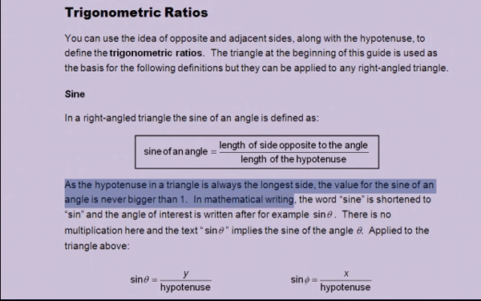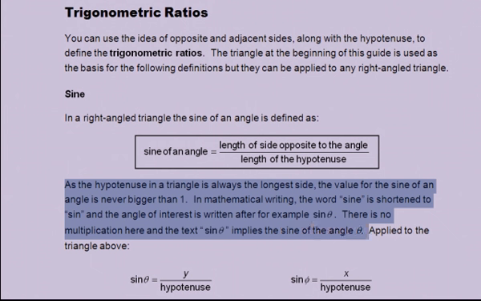In mathematical writing, the word sine is shortened to sin, and it is pronounced sine. The angle of interest is written after, for example, sin theta. There is no multiplication here, and the text sin theta implies the sine of the angle theta.